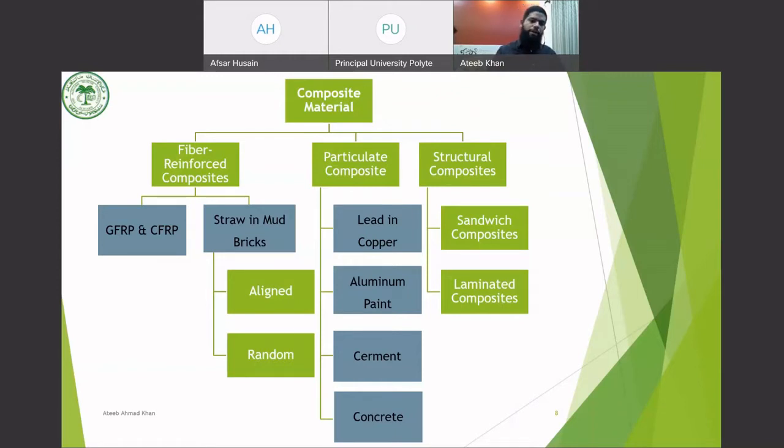And when I was talking about GFRP and CFRP, it was a good time to tell you that the effectiveness of the composite material is basically judged by the ratio of its strength or stiffness to its density. So either we use the strength to density ratio, which is the specific strength, or the stiffness to density ratio.